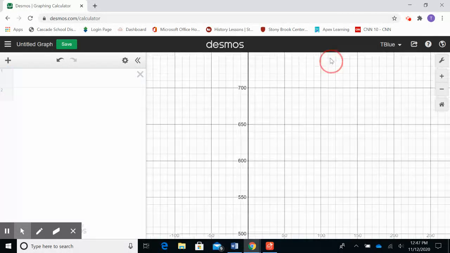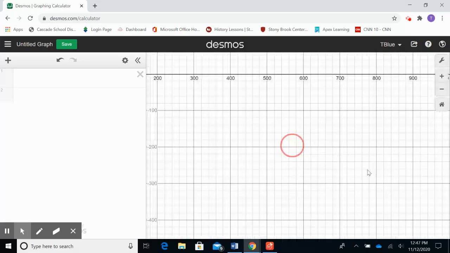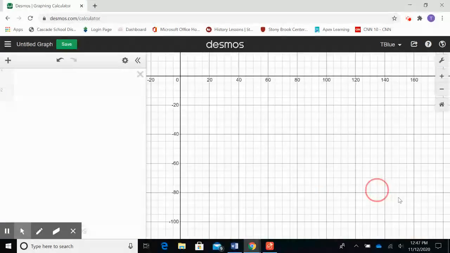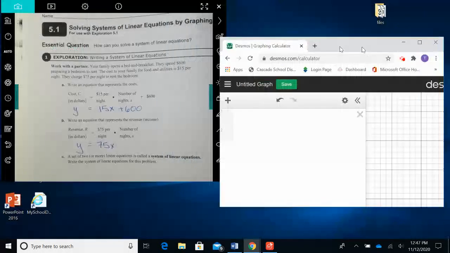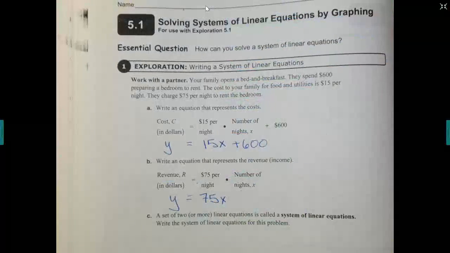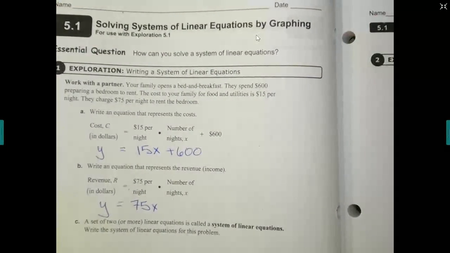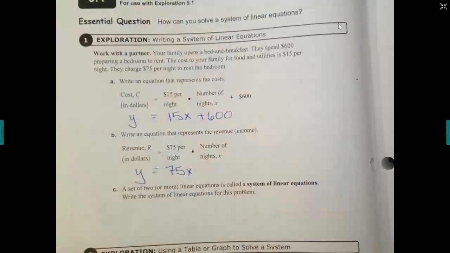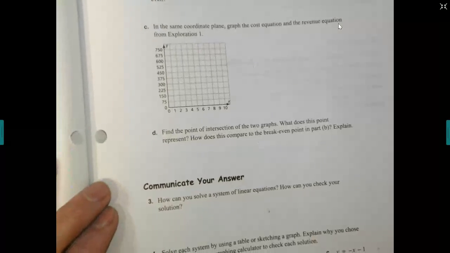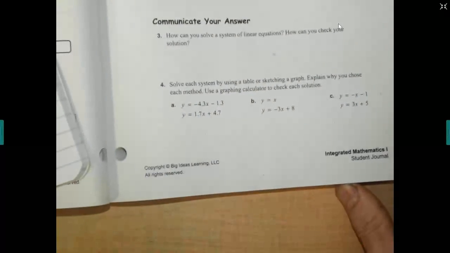Alright, now we're back to semi-normalcy, and we are going to move to page 123, and go down to 4A right here.